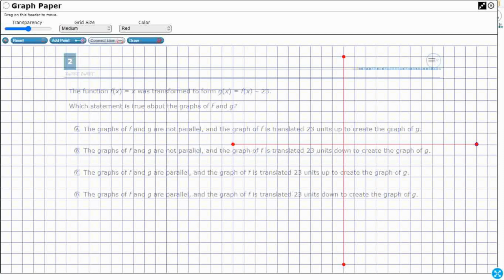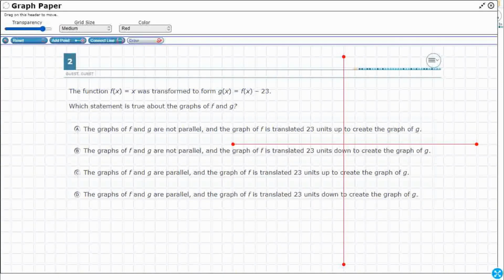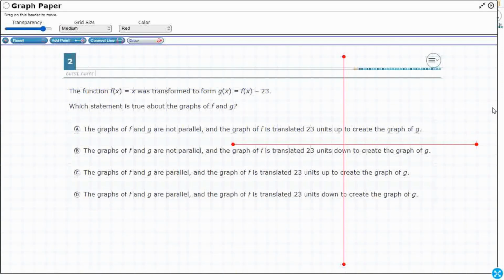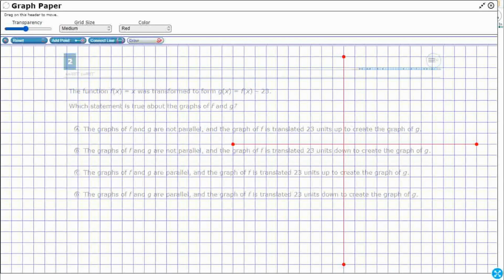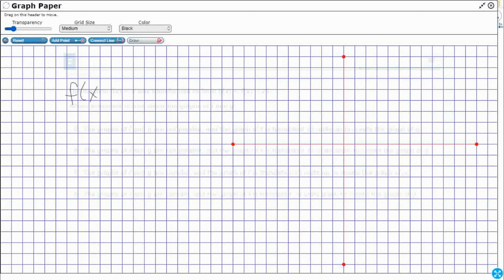Okay, so what do we know about this first line right here? I'm going to make it a little bit more transparent so we can see it. f of x equals x. Let's graph that, and I'll make that black. Remember, we've got our x and our y.